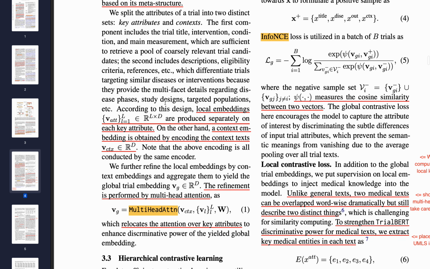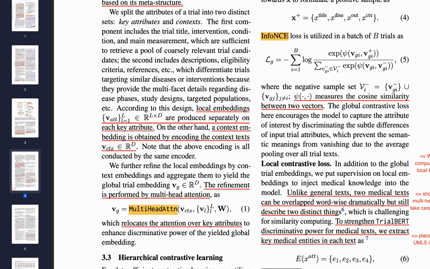So they have used multi-head attention, and multi-head attention is an extension of self-attention where attention mechanism is applied multiple times in parallel using different projections of the input. One simple example would be the cat chased the mouse.